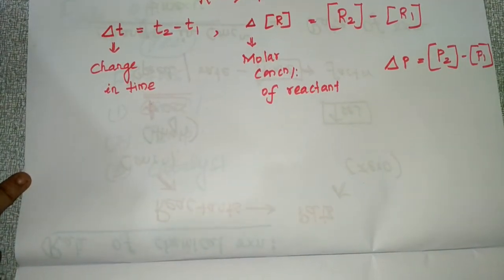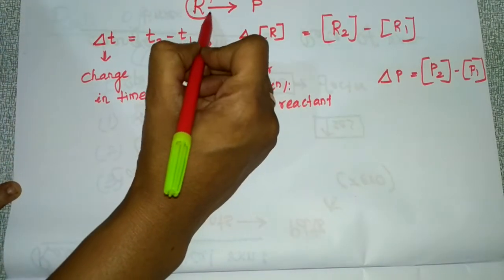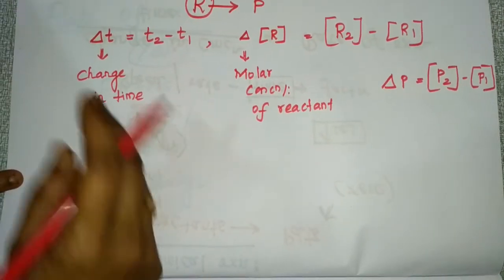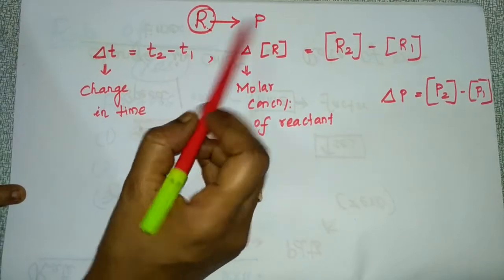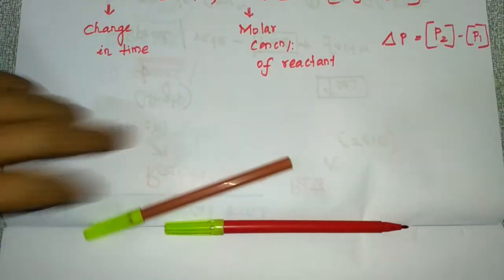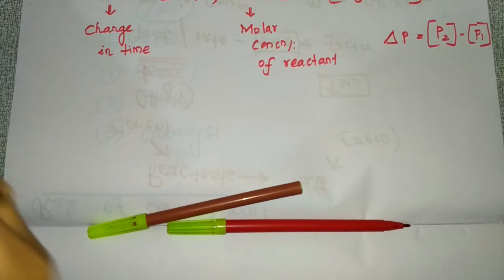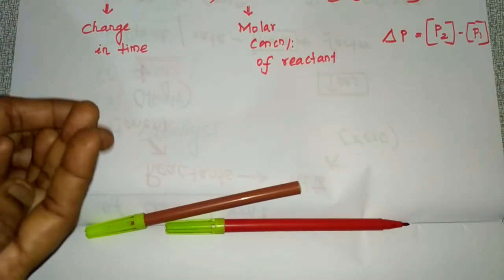And what is the rate at which this reactant disappears? Understood? What is the rate at which this reactant disappears? If you are speaking about rate in terms of reactant, that is the initial concentration of the reactant and final concentration of the reactant.